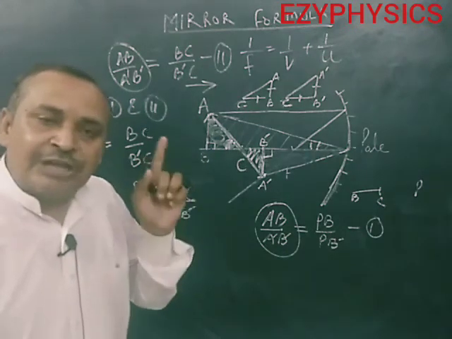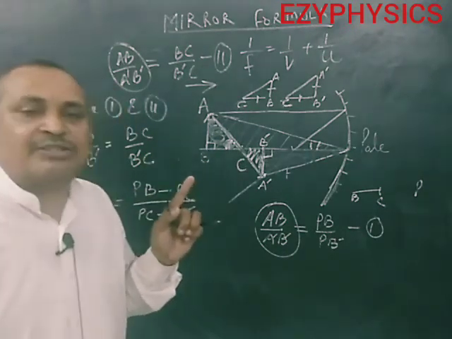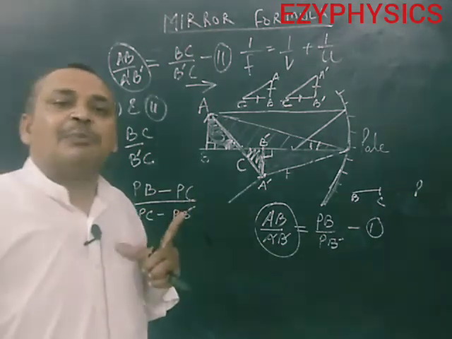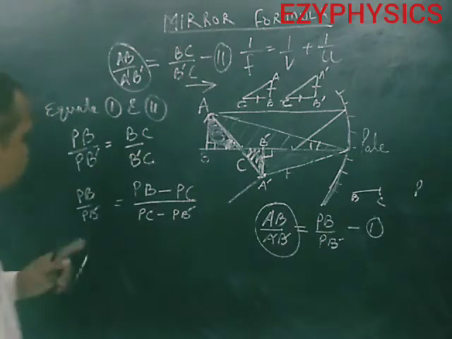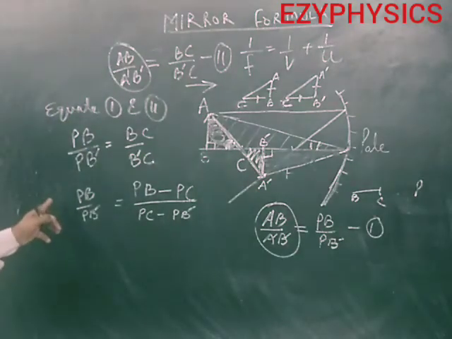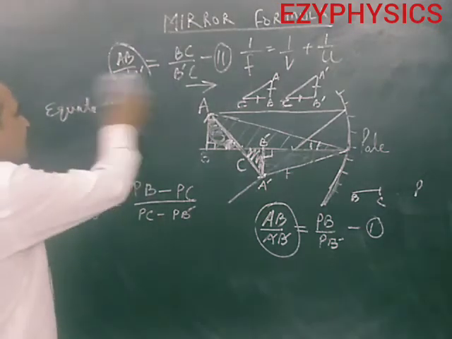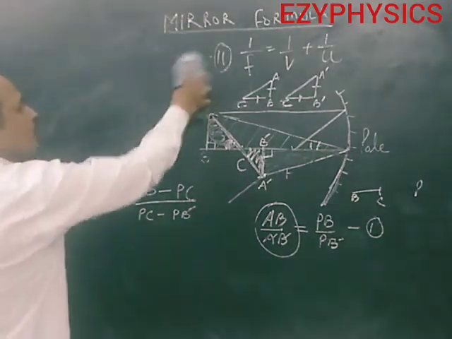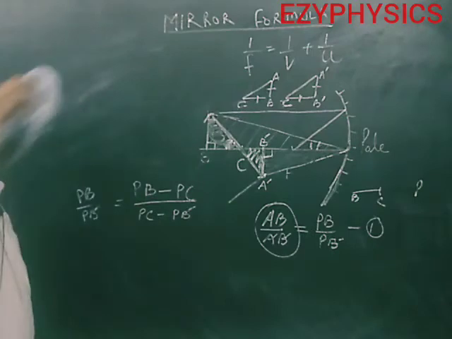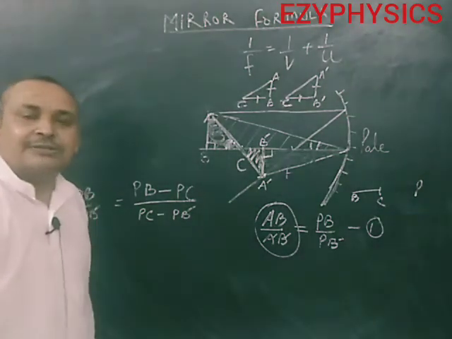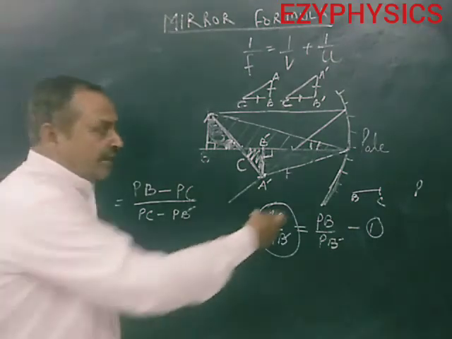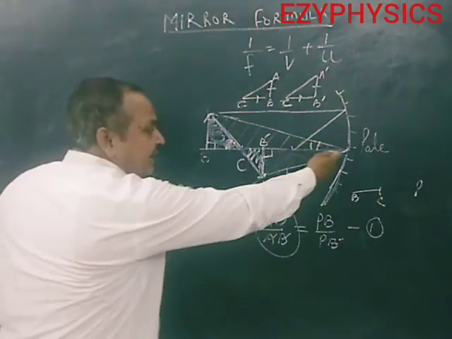क्लियर हो गया? तो जहां पर भी हम radius of curvature लेंगे, there I will be putting 2f. शाबाश. देखिए, now what is PB? What is my PB? PB is the distance of the object, but we are measuring it against the light.